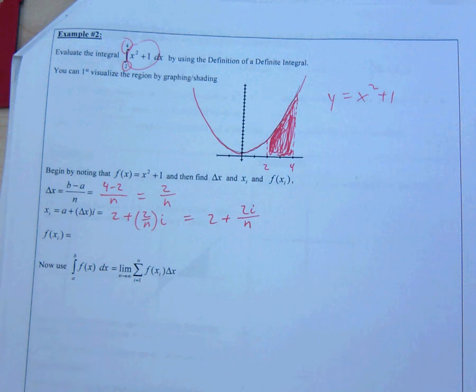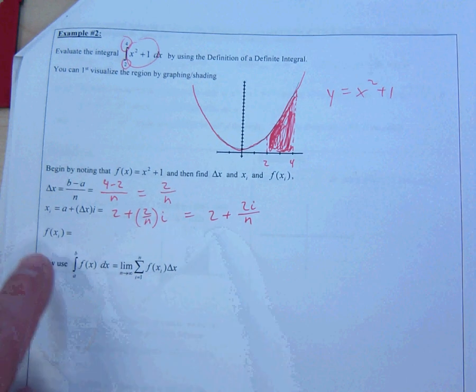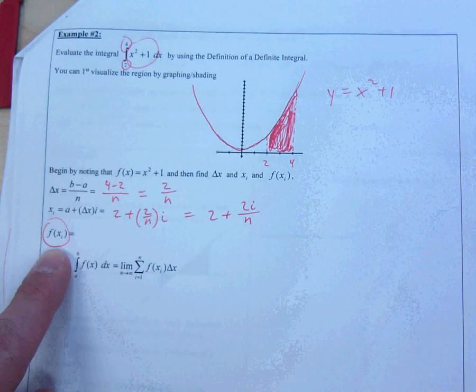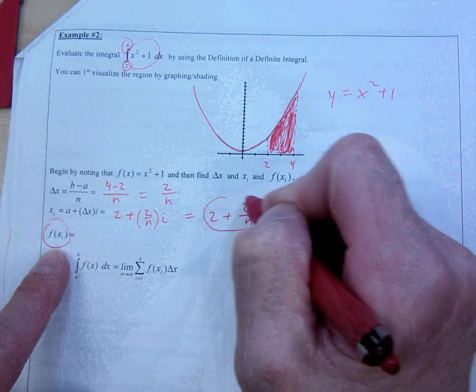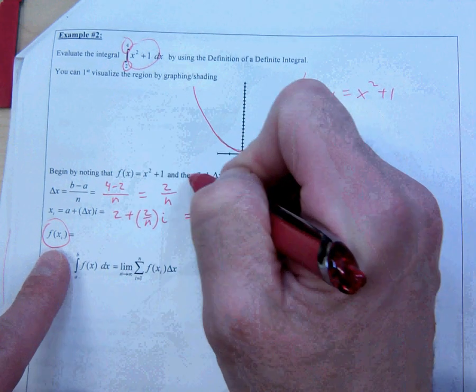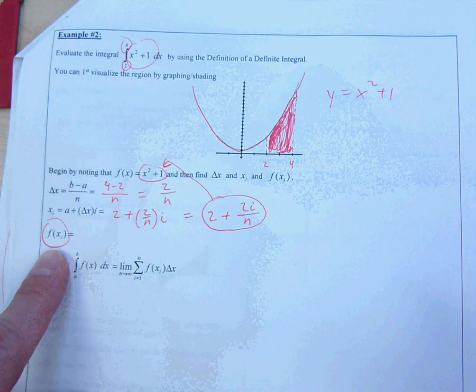All right, now what do I got to do with the x sub i? I've got to plug it into where now? f of x, to get f of x sub i, right? So I take this and I put it into my function. Is that clear? Okay, so I'm going to put it right into there.